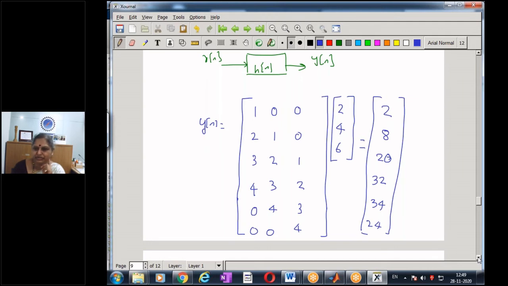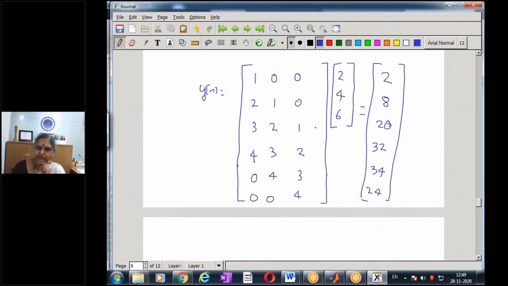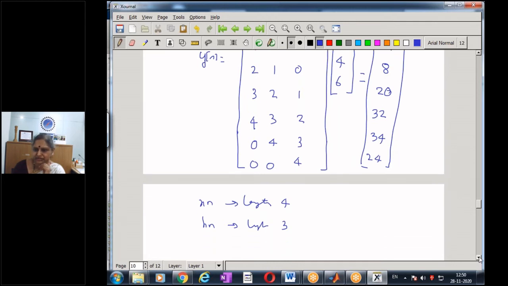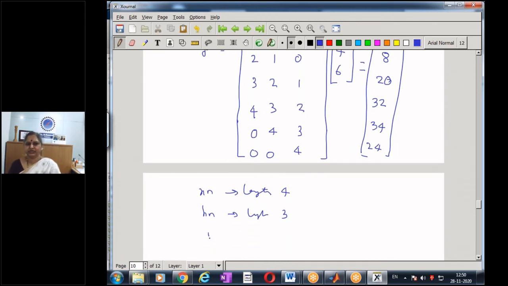So what is an observation here? If I look at my sequence xn, xn is of length 4 and my impulse response hn is of length 3. And my convolved sequence yn is of length 1, 2, 3, 4, 5, 6, that is 6.